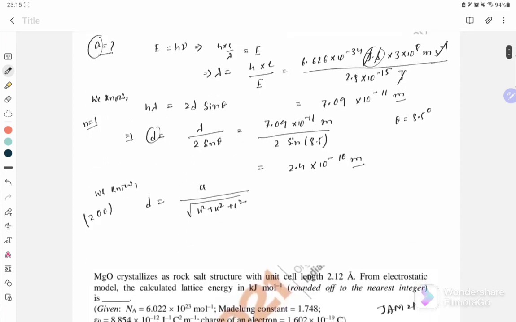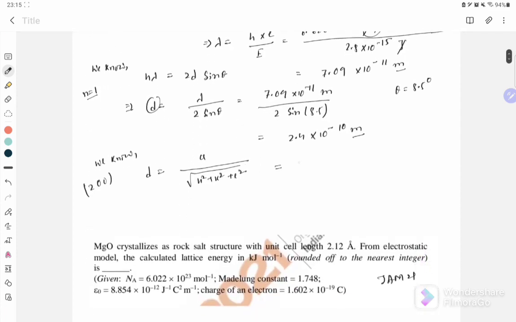So a will be d, that is 2.4 into 10 to the power minus 10 meter, into root over of h square, which is 2 square plus 0 square plus 0 square, that is 4, root 4 is 2.